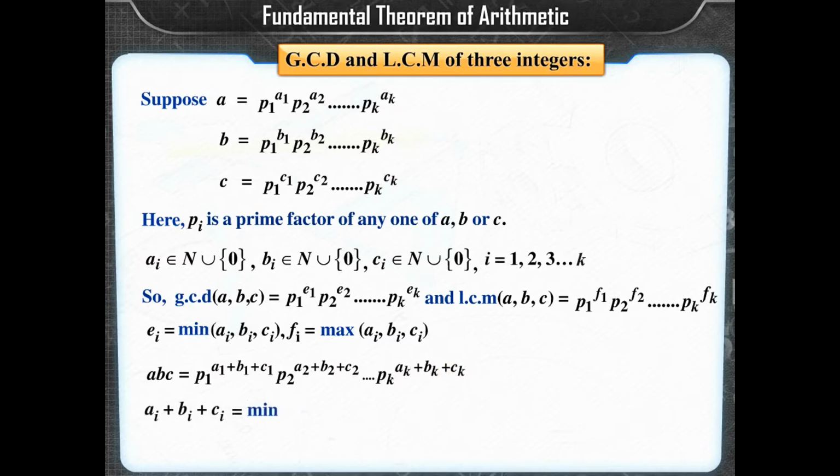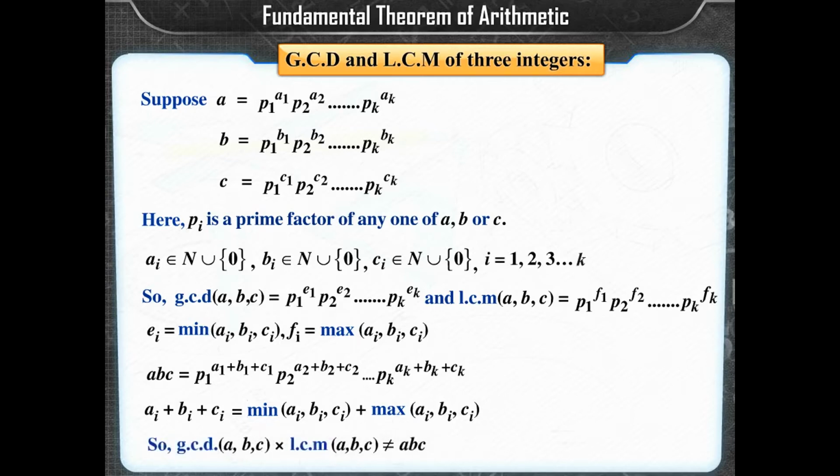Ai plus Bi plus Ci is not equal to minimum of Ai, Bi, Ci plus maximum of Ai, Bi, Ci. So, GCD of ABC into LCM of ABC is not equal to ABC.